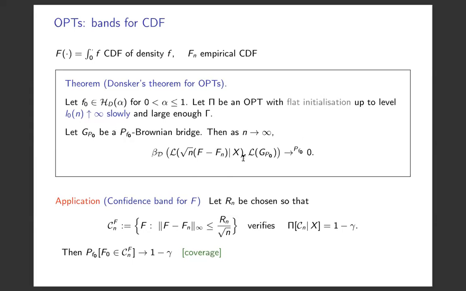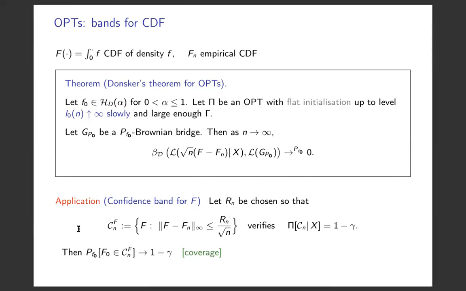Right, and this result tells you that if you take a confidence band centered around Fn, the empirical CDF, with radius built such that you get a posterior quantile at level 1 minus gamma, then this credible band has asymptotically confidence 1 minus gamma.